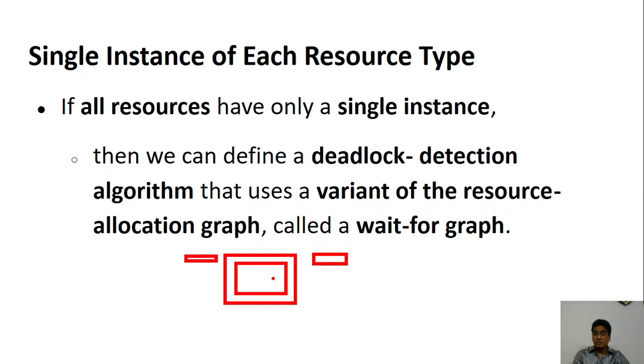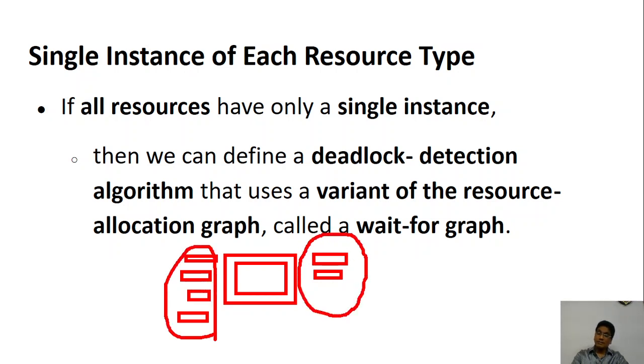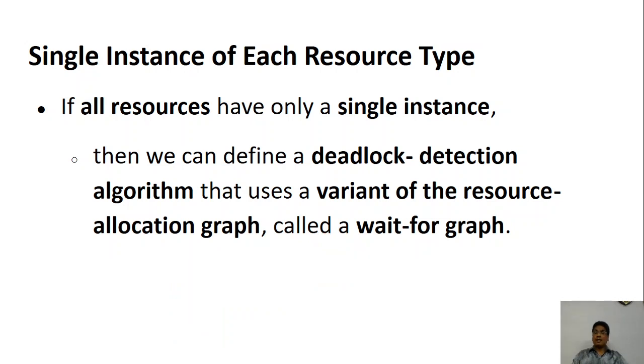So whatever resource you can think of, there is only one instance of it. In that case, we can use one algorithm. Suppose the computer has two printers, four hard disks, that is multiple instances of the resources. In that case, we can have some other type of algorithm.